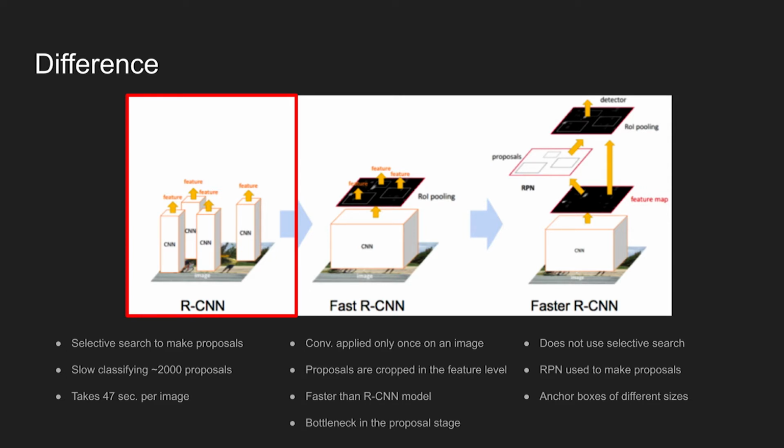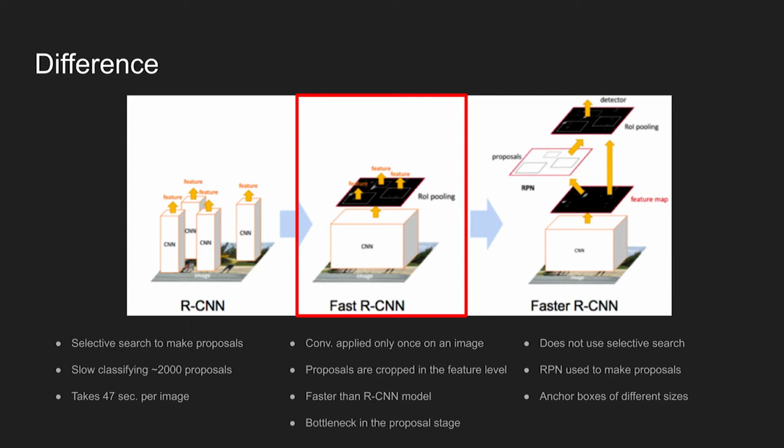If there are 2000 box proposals, the CNN should be applied 2000 times to extract the features, and this makes the overall process slow. The authors state that the R-CNN model takes about 47 seconds per image to make object predictions.